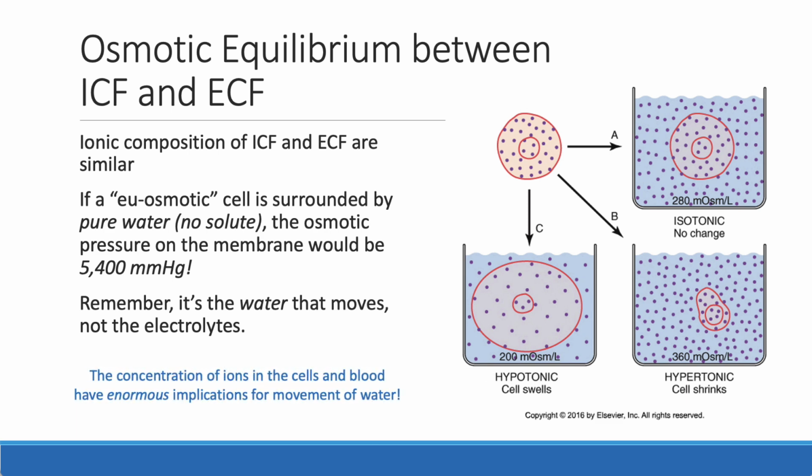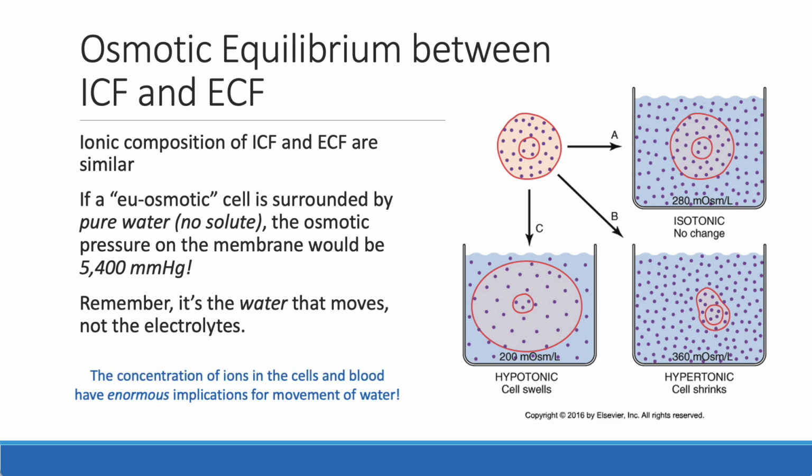Okay? So remember that we have isotonic when there's just the same amount of solute outside as there is inside the cell. When we have a hypotonic solution, that means that there is less of the solute in the fluid, and that means that the fluid is going to go into the isosmotic cell and try to dilute that seemingly hyperconcentrated intracellular fluid.